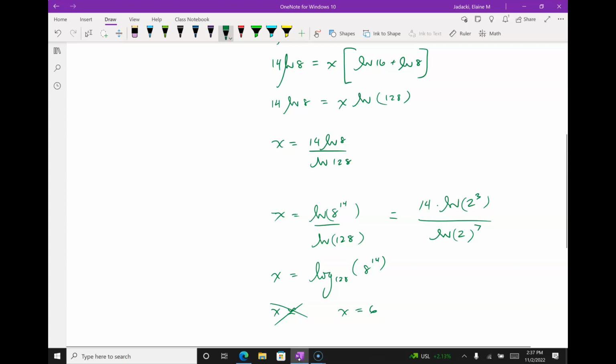Is that true? Yes. So I get 3 times 14 ln of 2 over 7 times ln of 2. Look, the ln of 2's cancel. The 14 and the 7 cancel, so I get the 6. So when it's one of these that you can change the bases, it will reduce to some simple answer like that.